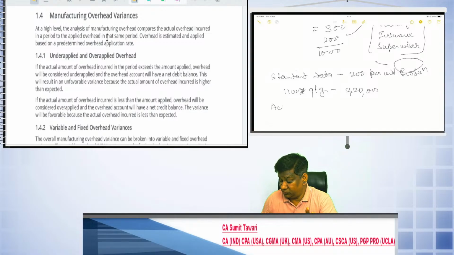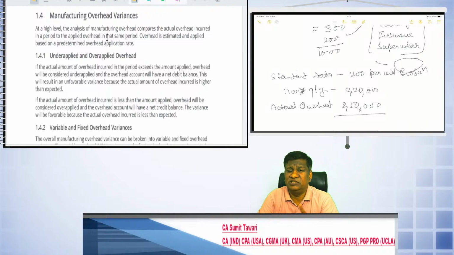But if my actual overhead is 2,50,000, what does it mean? I charged less amount to the production. So this is basically the under applied.